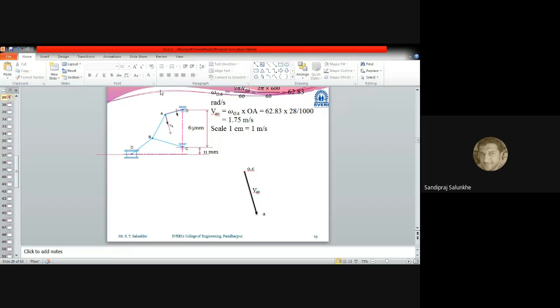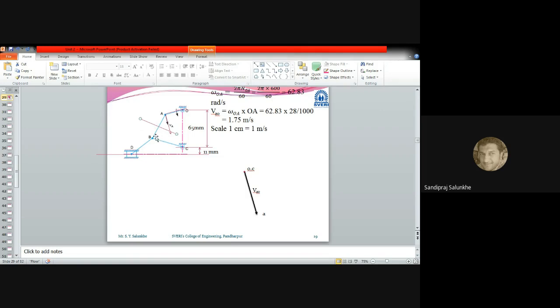Now, we don't know angular velocity, even rotation of AB link. But we know that if you want to calculate the linear velocity, then it will be perpendicular to AB. If you want to have the velocity of point B, linear velocity of point B with respect to A, then it will be on perpendicular line to AB link.